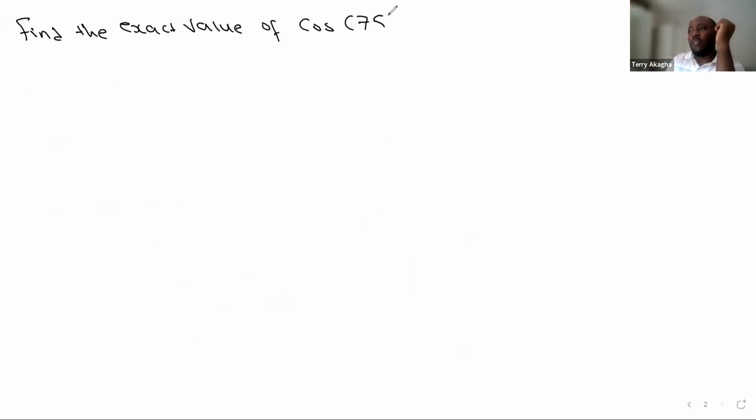Find the exact value of cos 75 degrees. Because it's an exact value, I'm going to break this down into the special angles.